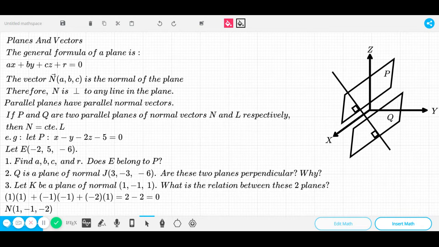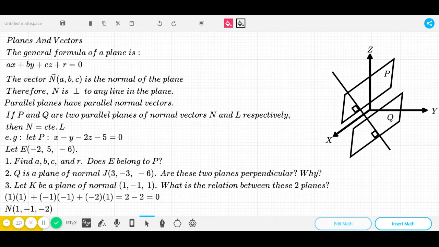That is something that is obvious. We used to say that when we have two parallel lines, any perpendicular to one of the lines is perpendicular to the other line. So it's the same idea for vectors. A normal parallel to another normal means that we've got two parallel planes.